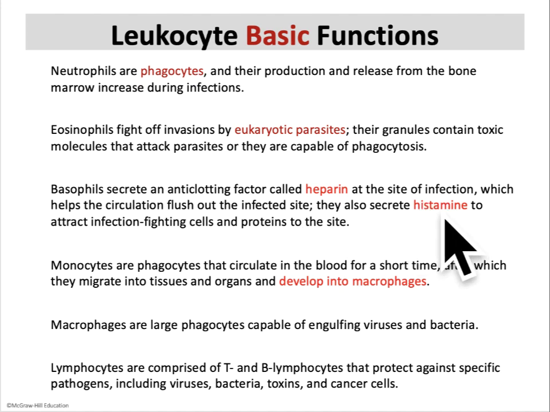Monocytes circulate in the blood and are phagocytic, and at the time of infection, they are able to leave the circulation and develop into macrophages in tissues and organs. Lymphocytes, as we'll talk about in another chapter on the immune system, are the major components of the adaptive immune system.